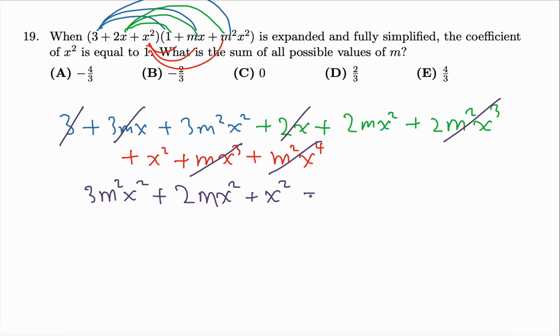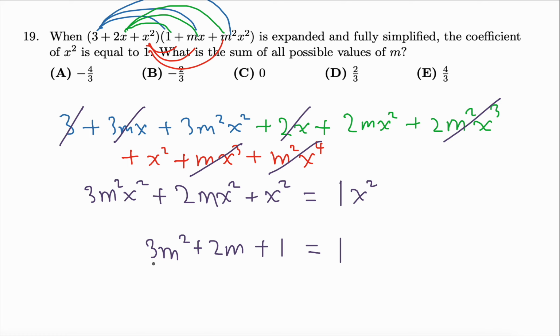and that we are told is equal to 1 x squared, because in the question it says the coefficient of x squared is equal to 1, right? So when we collect these terms together, their coefficient would be equal to 1. So essentially 3m squared plus 2m plus 1 is equal to 1.